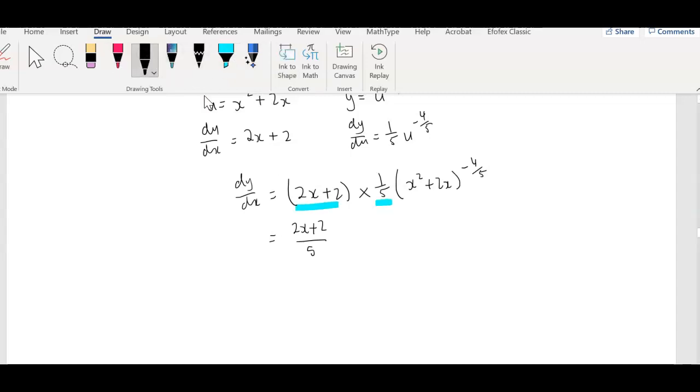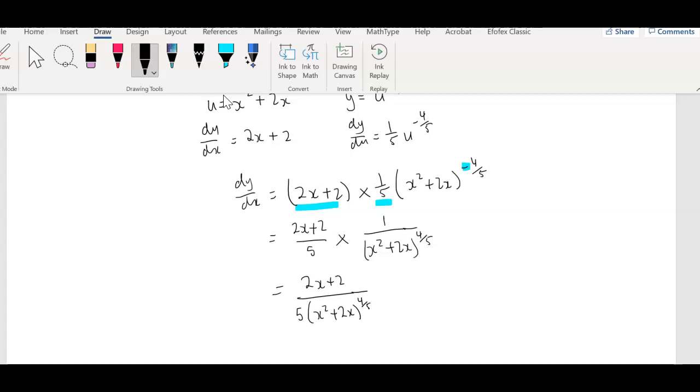And then we're going to do the other bracket, so times, because of the negative power here, it's going to become 1 on x squared plus 2x to the power of 4 on 5. And all right, multiplying your numerators and your denominators. So we're going to have 2x plus 2 on the top, and then on the bottom 5 times x squared plus 2x to the power of 4/5.